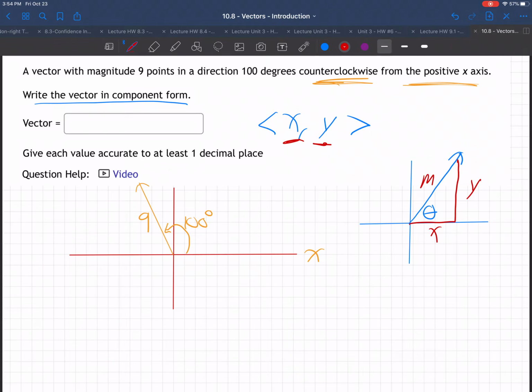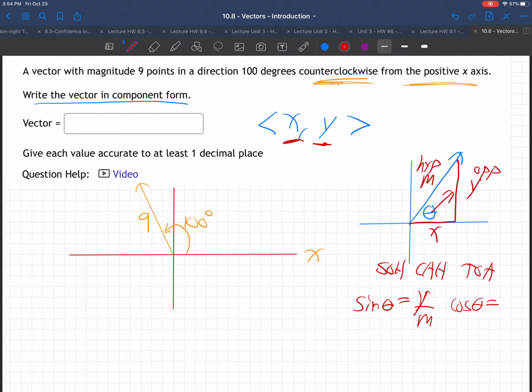Remember from SOHCAHTOA that the sine of theta is opposite over hypotenuse, y over m, and the cosine of theta is adjacent over hypotenuse.